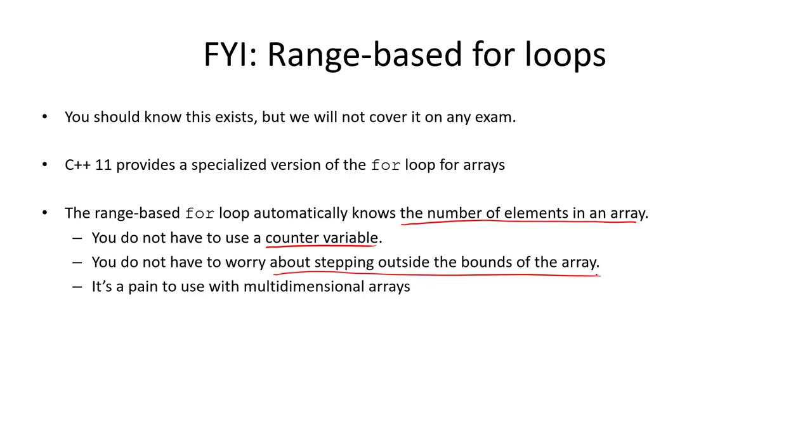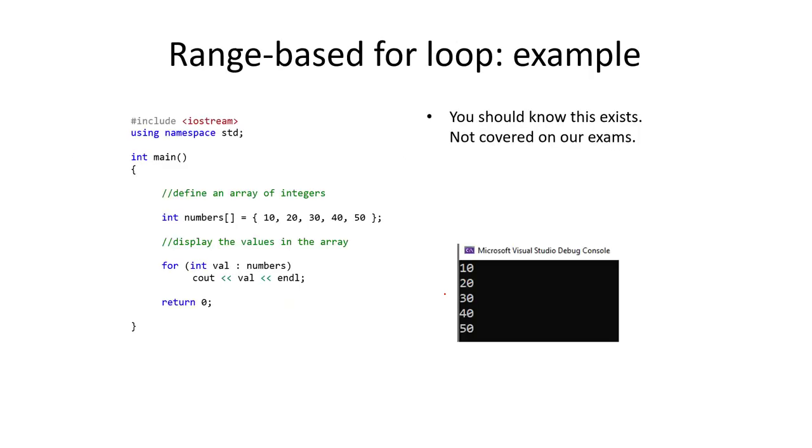Please note that these range-based for loops are really only useful primarily for one-dimensional arrays. They can be a little bit tedious to use with multi-dimensional arrays. But I do want you to know what the syntax looks like so that if you see a range-based for loop, then you'll understand what it is. Here's an example of a range-based for loop being used.